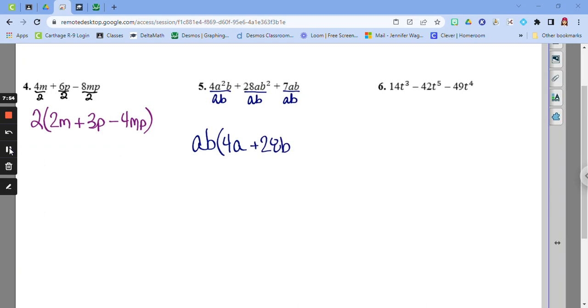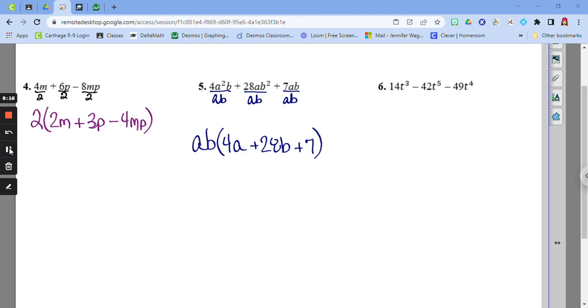And when I take a look at the last one, I'm just left with plus 7. But when you're looking at these, we know the numbers 4, 28, and 7 can have no common factor except for 1. Then look to see if you pull enough of the variable out. There shouldn't be anything common there either.